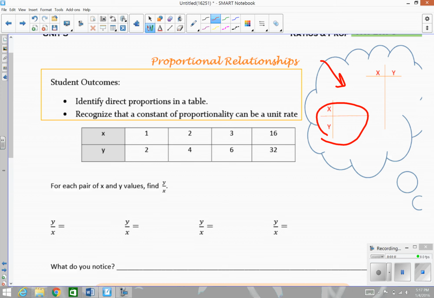So we always want to assume that X is on top and Y is on bottom, unless stated otherwise. Someone's allowed to switch it, and if they label it, that's fine. Otherwise, we assume X is on the top, Y is on the bottom. And for a vertical table, we always assume that X is on the left and Y is on the right. Kind of just makes sense, just like the alphabet. X always comes first. It's the one that you read first, unless otherwise stated.